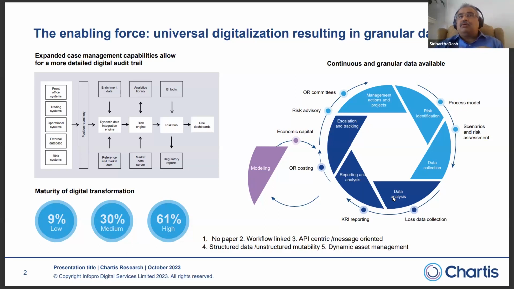This now allows us to start thinking about data in different ways and start pursuing a variety of new forms of quantification and analysis. This generates also the issue of hard quantification versus soft quantification. Hard quantification means generating specific event risk type numbers, just as you generated market and credit risk.